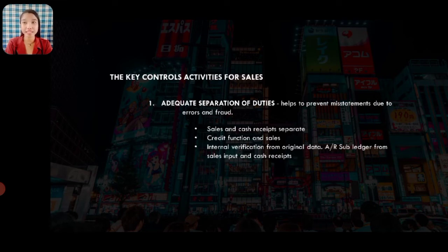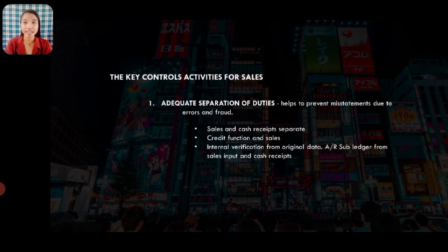If you are in the sales function, you should not receive the cash, because you could process the sales and also receive the cash. In that case, there's a possibility that you will do the skimming, which was previously discussed.